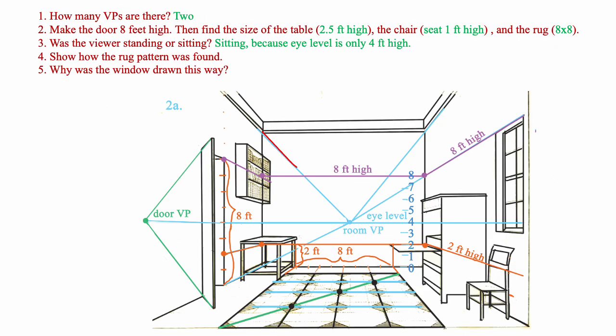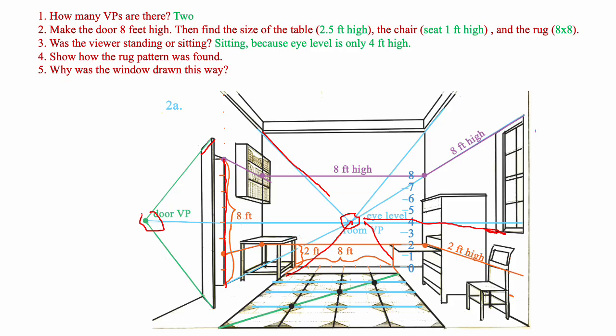So the first thing I did is follow these converging lines to find the room vanishing point. And you can see that the rug goes to that vanishing point, as do elements intrinsic to the room, like the window. Then there's another vanishing point over here just for the door. I divided this door well into 8 parts so we could start marking off feet.